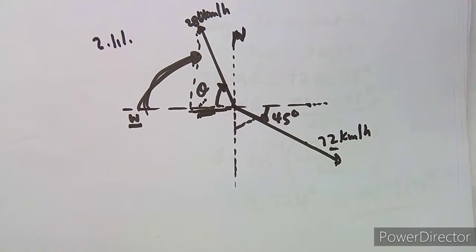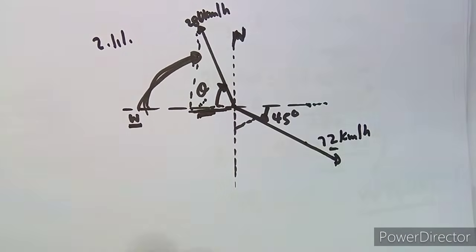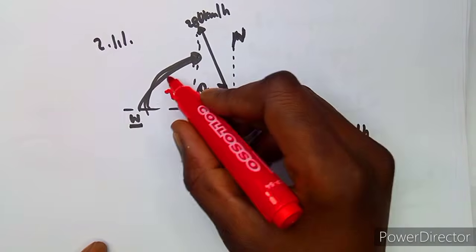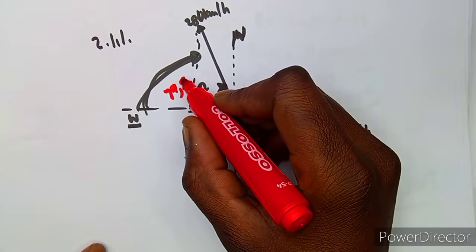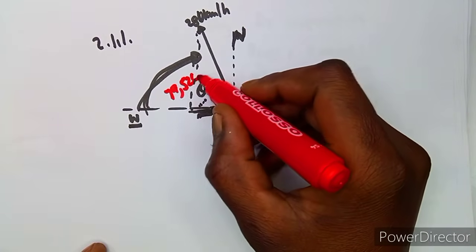I can actually use this concept, guys, to calculate the resultant velocity. This theta I have calculated, I obtained 79.524. Yes, this is 524 like this.